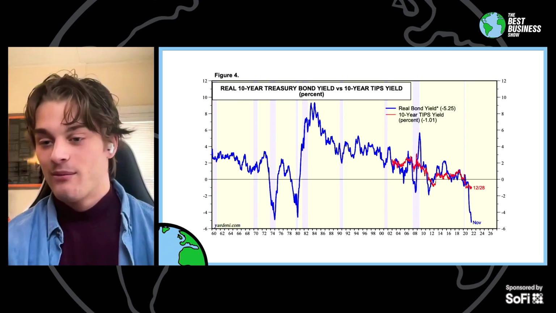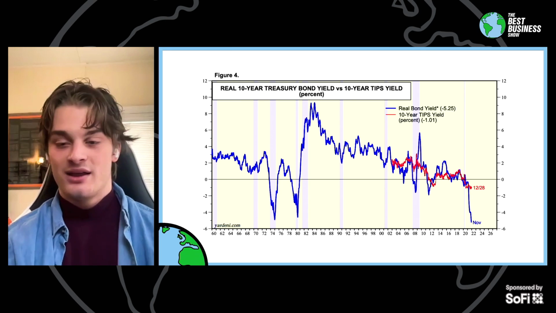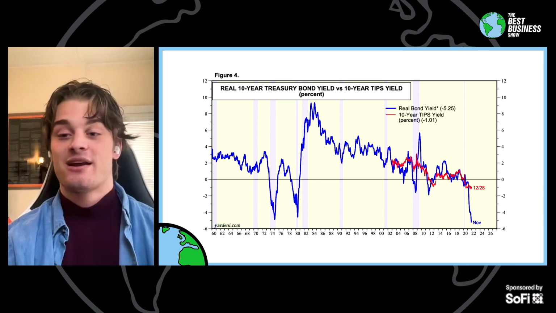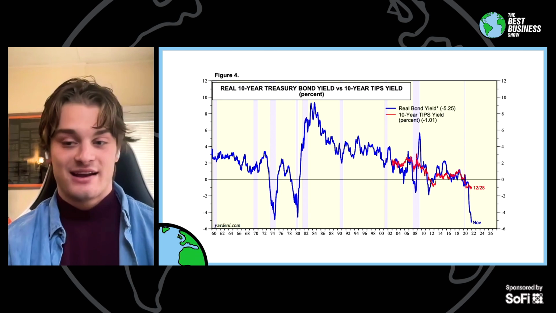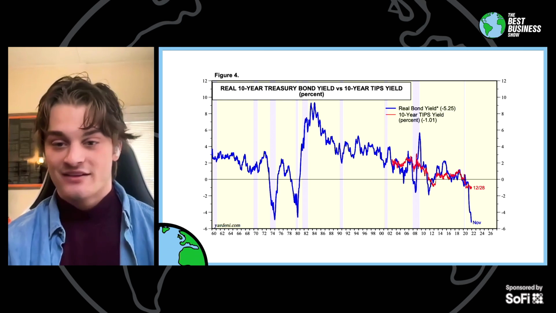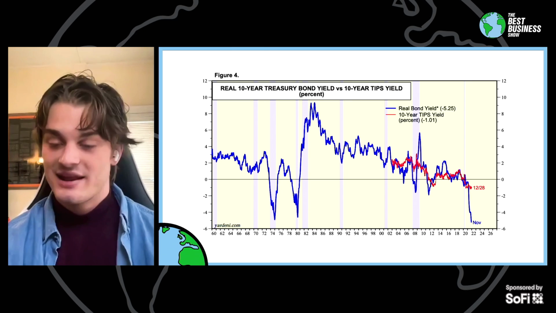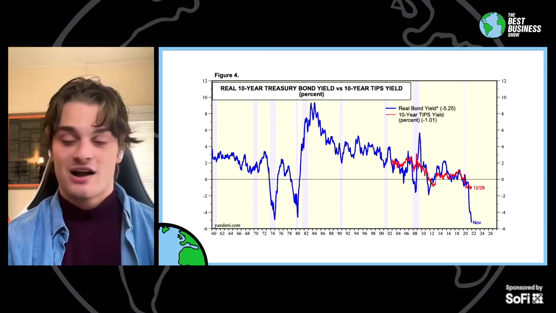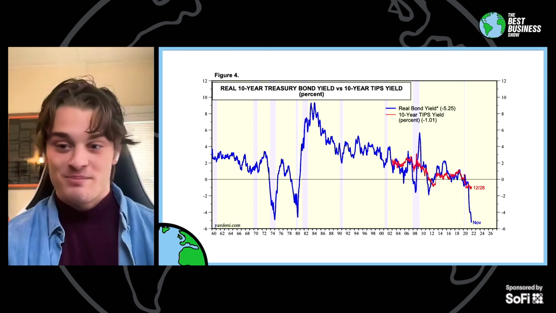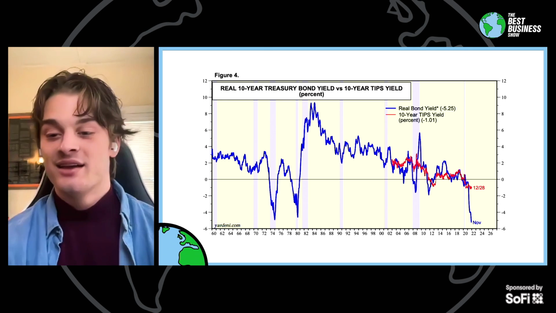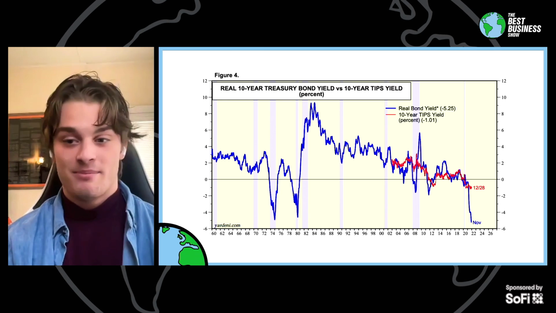So why is this a problem? Essentially, because not only are we talking about the debt, but every asset in the world has a valuation, a market cap, a fair value. It's being valued off of a negative cost of capital, a negative real yield. Whether you're talking about Apple stock or a baseball card business or anything, it's being valued with that cost of capital.